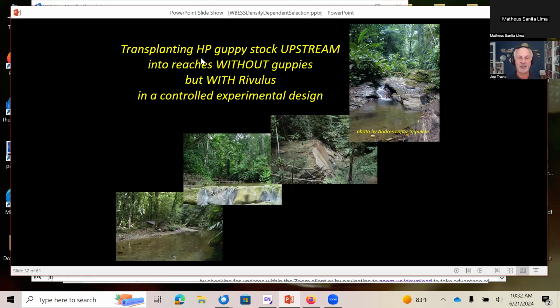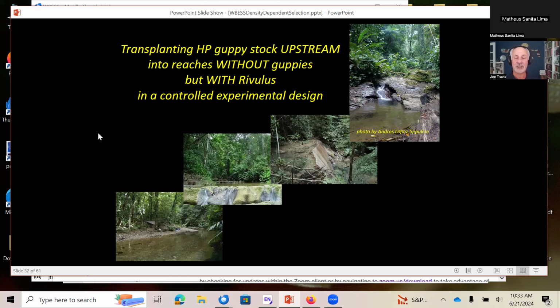We transplanted high predation guppy stock upstream into reaches without guppies, but with the killifish that are normally there, in a controlled experimental design. In other words, we captured juveniles, raised them to adulthood, took them up across the series of barrier waterfalls, and released them in experimental streams upstream.